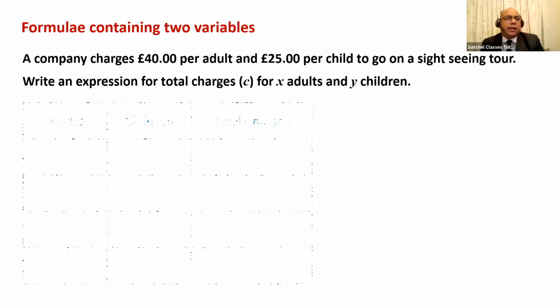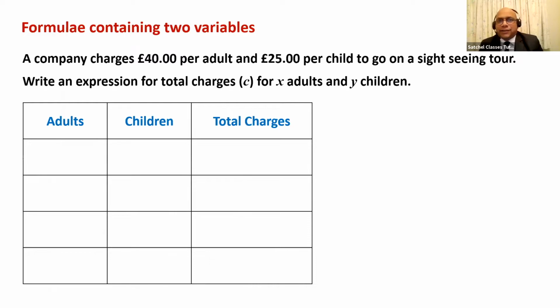Right? So let's take some random values for adults and children and then try to construct the total charges. So let's say if there were one adult and two children, what would the total charges be? So as you can see, for every adult, it's 40 pounds. For every child, it is 25 pounds. Correct? So the total charges in this case would be 1 times 40 plus 2 times 25. Correct?